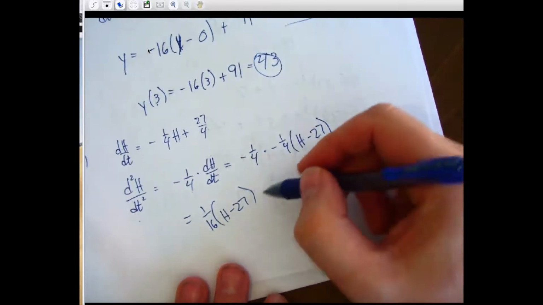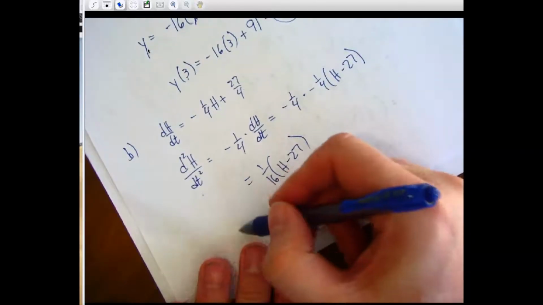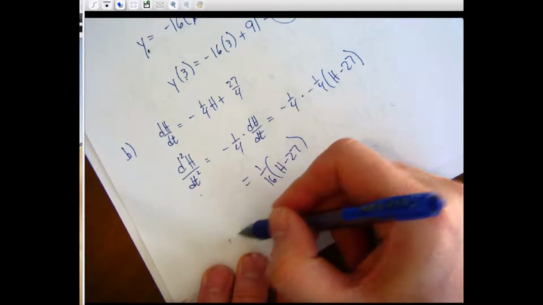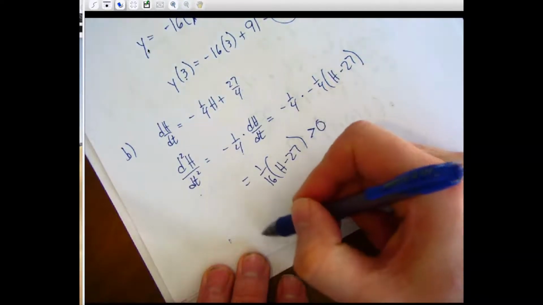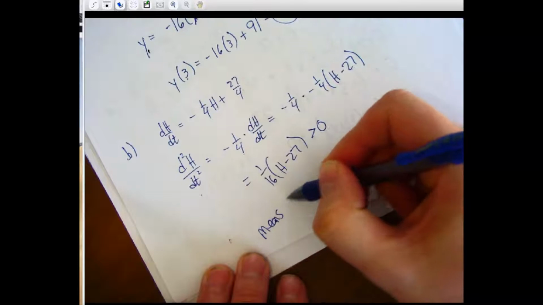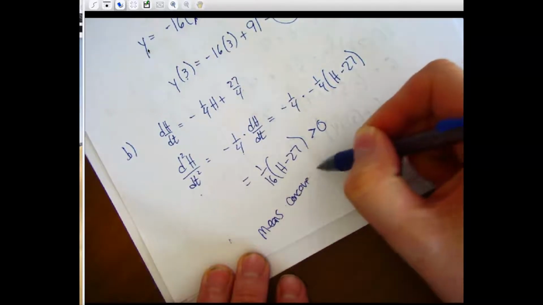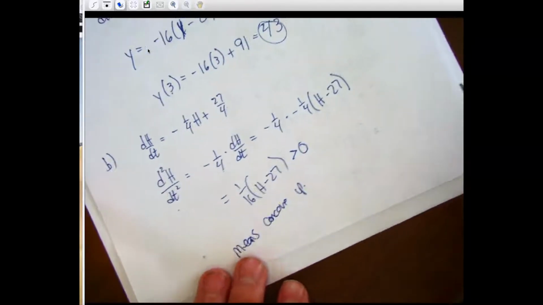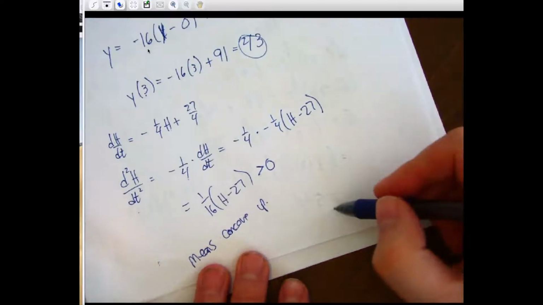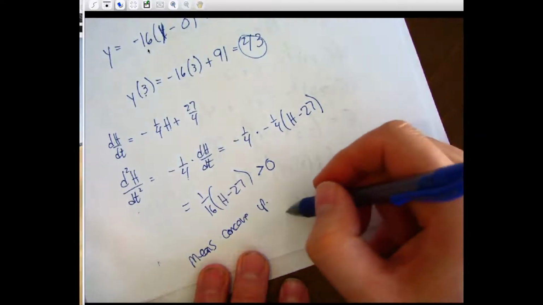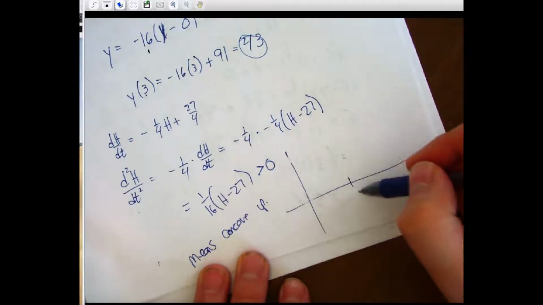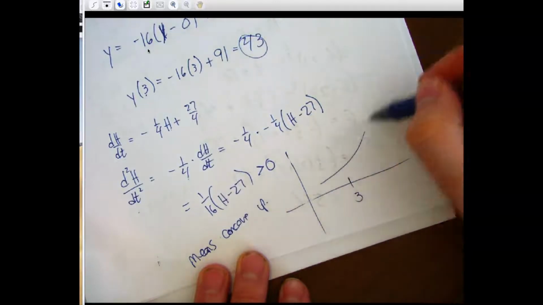So if the second derivative is positive, that means that the original function is concave up. And we wanted to estimate the value at 3. So let's say 3 is here, but let's look at our function as concave up.